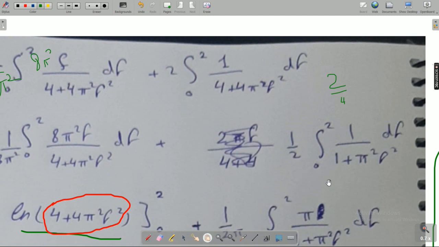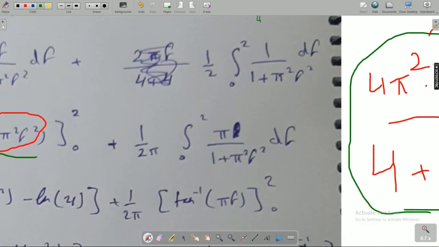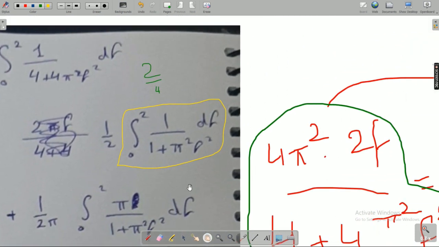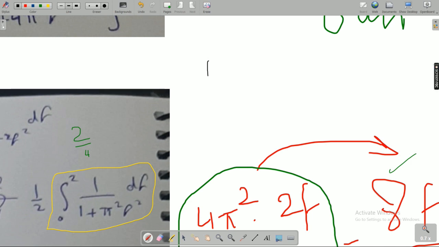Okay, moving to the next part, I am having this term, and I want to integrate it. So how would I integrate it? In the same way I've just mentioned. My function here, 1 over 1 plus pi square, I can manipulate a little bit in order to get the differentiation of tan inverse.